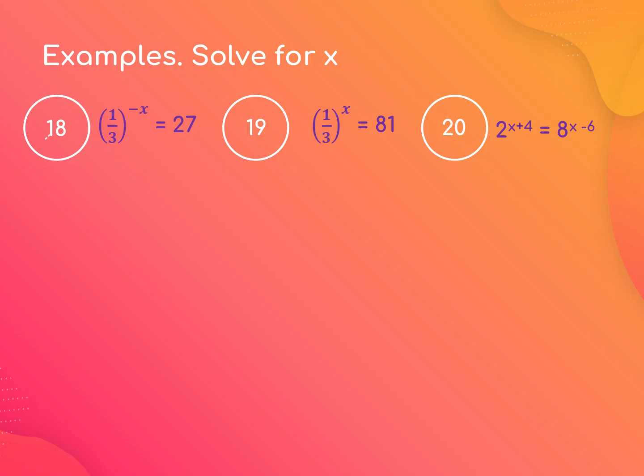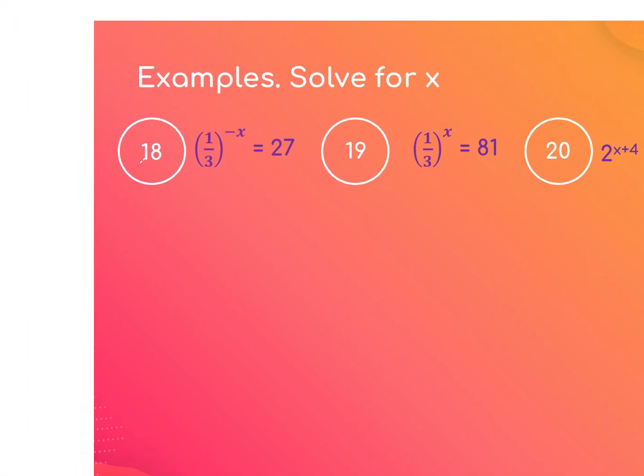Next one, fractions. But again, we're going to change it to a negative exponent. So for this one, whenever I see a fraction, I'm going to actually change them both. I'm going to change the 1/3 to 3 to the negative 1, and I still have that raised to the negative x power up here. I'll do it in black so it shows up better.